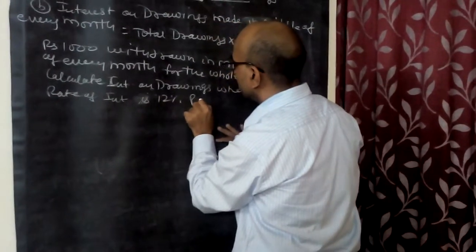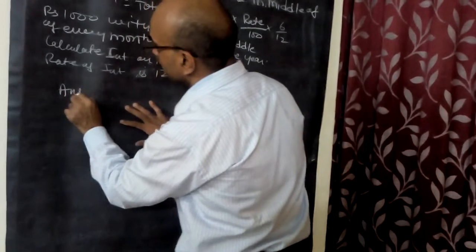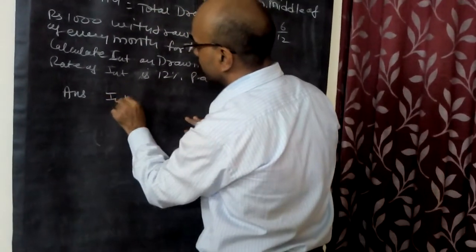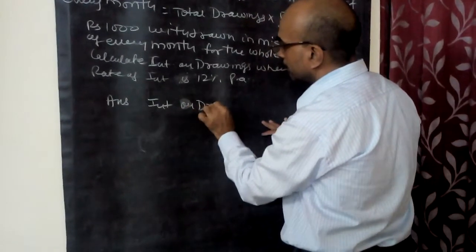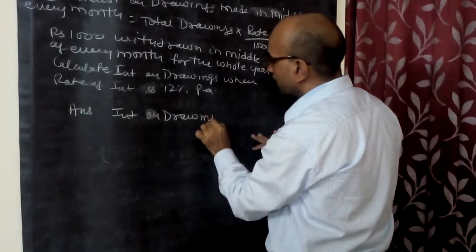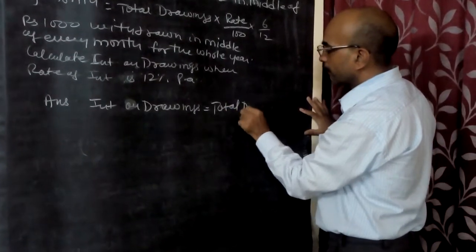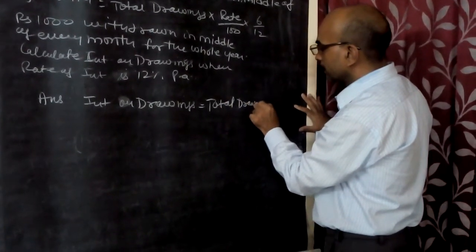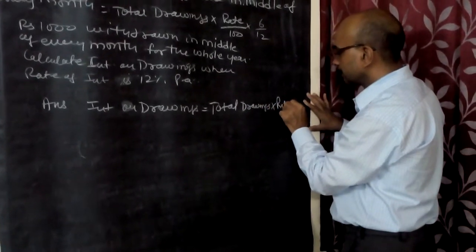So here, if you calculate, interest on drawings is equal to total drawings into rate upon 100 into 6 by 12.